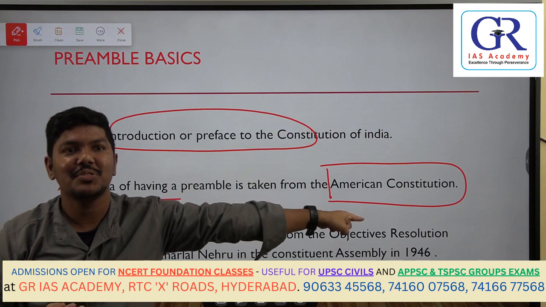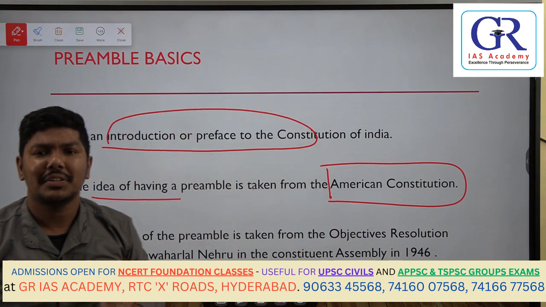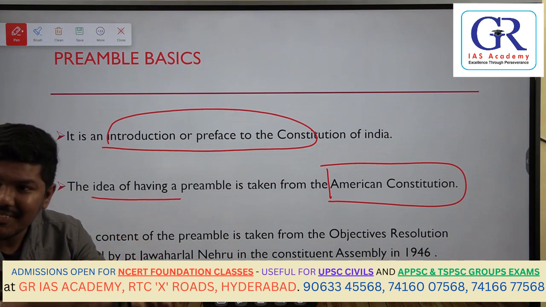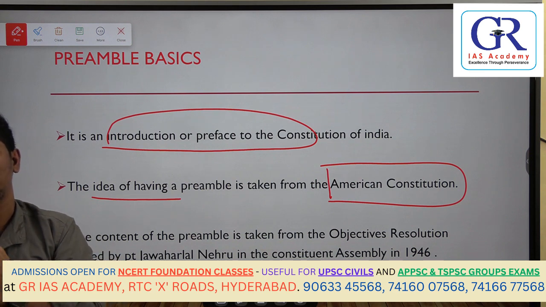It is the American Constitution which started this practice. From them, we thought it would be good if we also had a preamble, and we incorporated it into our Constitution.